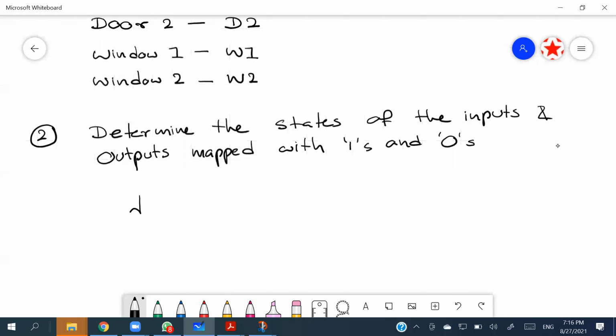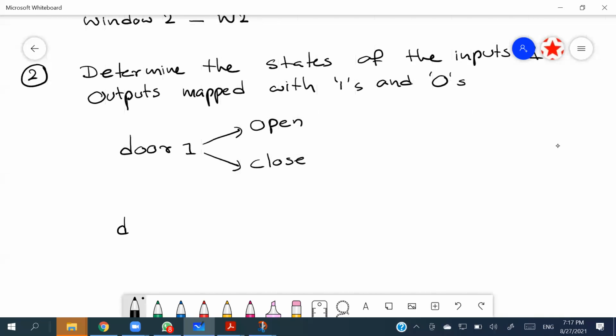So it is easy. For door 1, we can have an open state and a closed state. The same way for door 2, we can have an open state and a closed state.